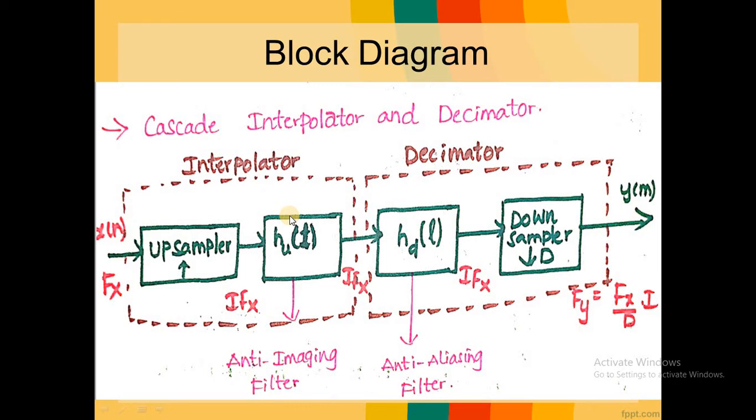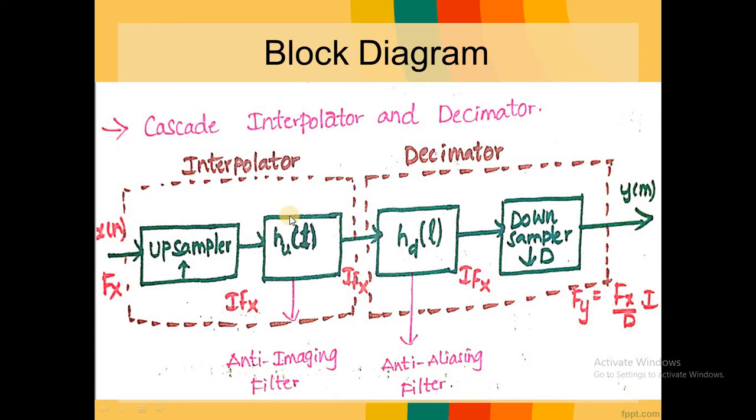The interpolation process means the process of increasing the sampling rate by a factor of I. Decimation means the sampling rate compression of a signal, or we can also say the process of reducing the sampling rate by a factor of D. In decimation, we are using a decimator. In the interpolation process, we are using an interpolator.